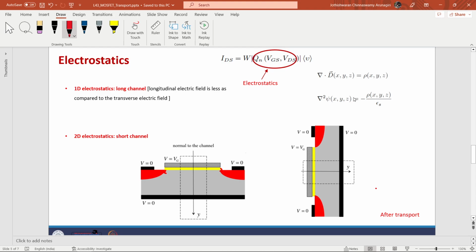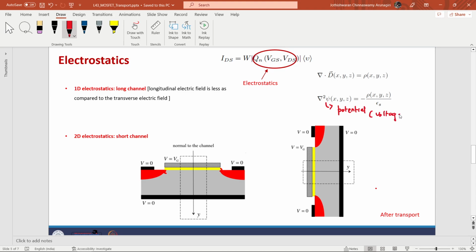This can further be written in terms of the potential. So psi here represents the potential. This is not the wave function, this is not some other quantity, this is the potential, which is the voltage.